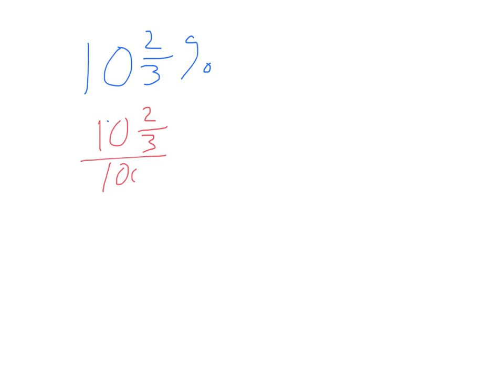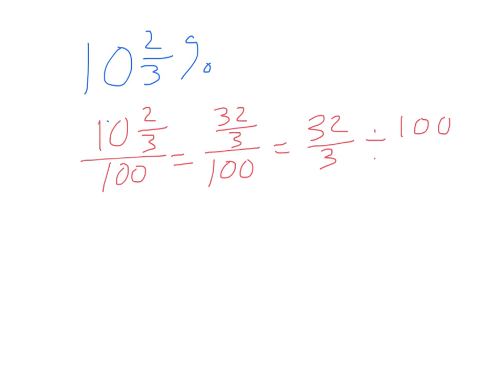I want you to do 10 2/3% as a fraction in simplest form. You did this correct. You said that this was 10 2/3 out of 100. 10 2/3 is 32 thirds out of 100, which is 32 thirds divided by 100, or 32 thirds times 1/100th.